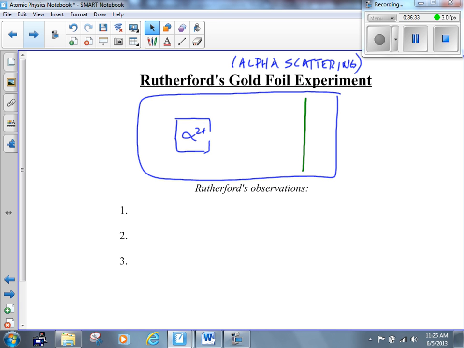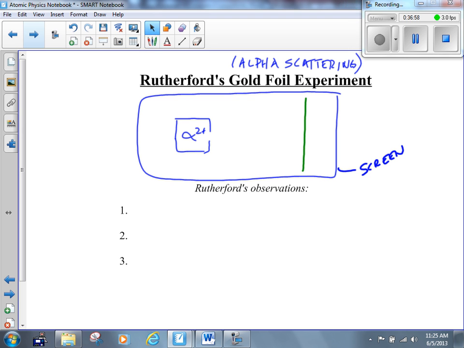And they observed what happened to them. Now, they observed what happened to them not directly because they couldn't see these alpha particles with their eyes. Of course they couldn't, right? But they could see what happened to them based on where they hit this screen. We call it a scintillation screen. It glows when it's struck by these alpha particles.